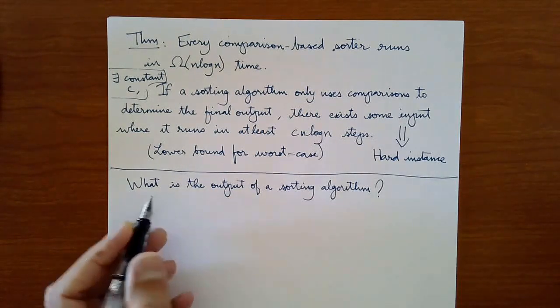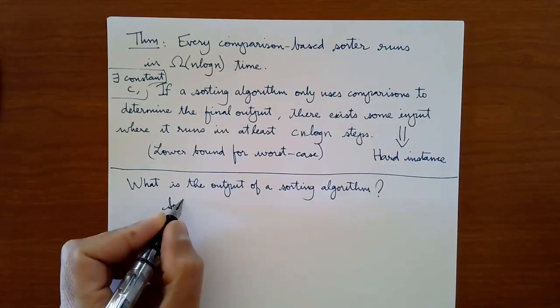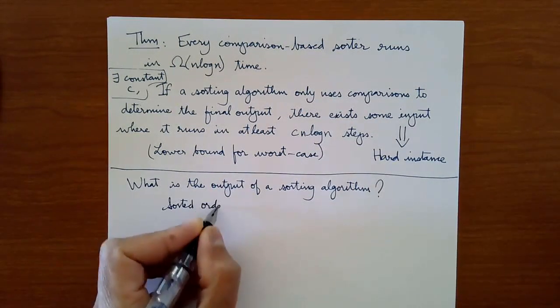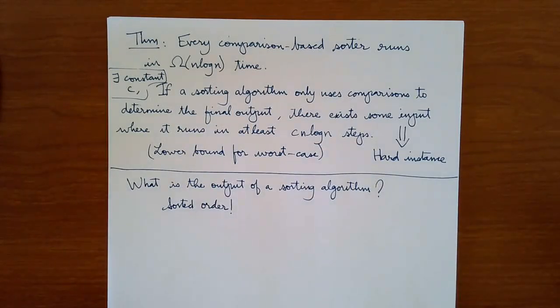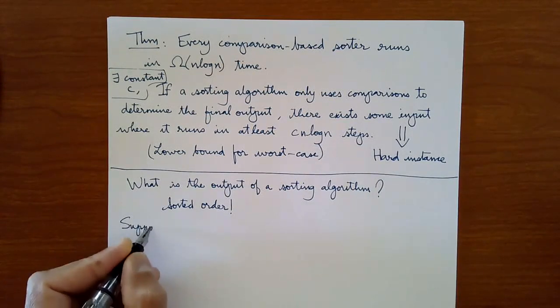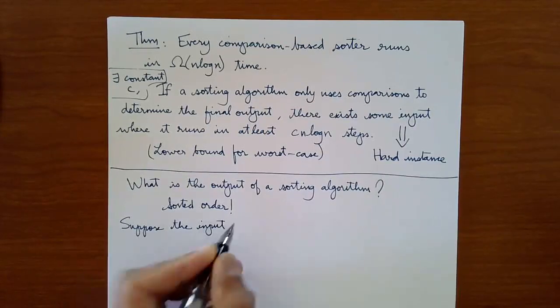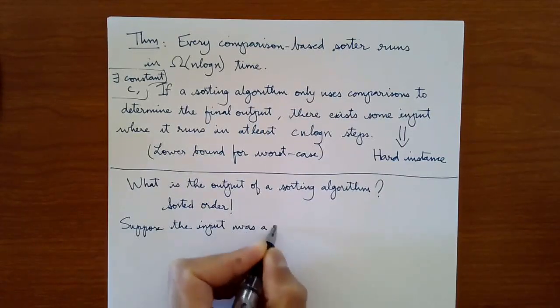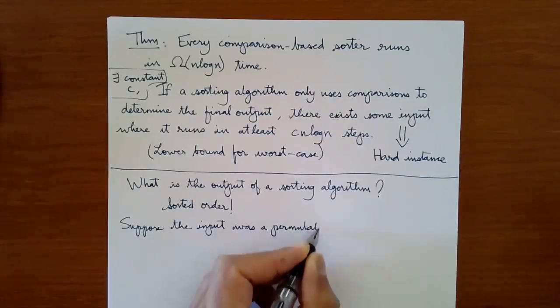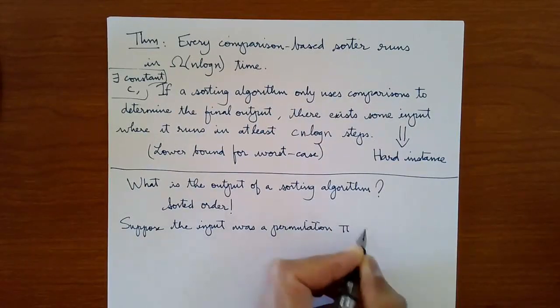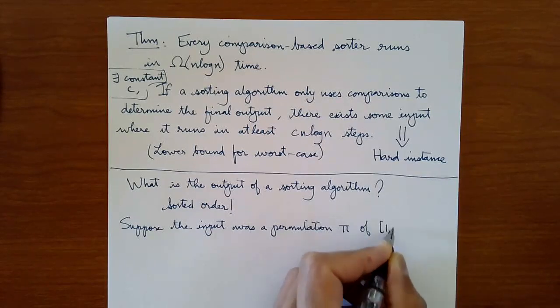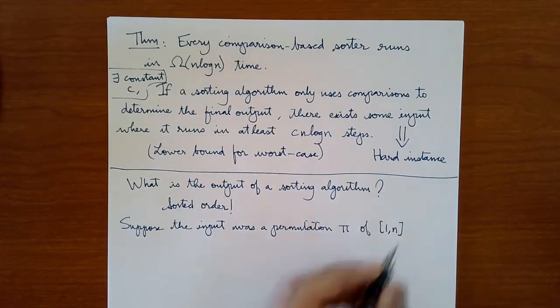And you might say, well, the output is just a sorted order. Of course. But this actually becomes a little harder to argue with. Suppose the input was a permutation pi of 1 to n, or any n numbers, it doesn't matter.